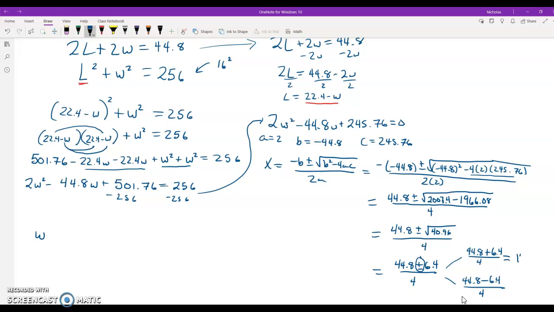I get 12.8. And if we do 44.8 minus 6.4 divided by 4, we get 9.6.